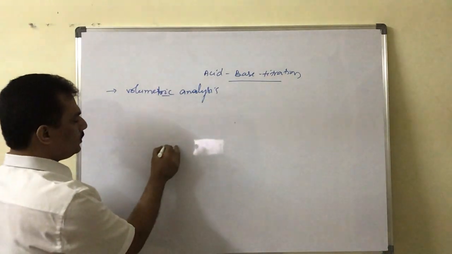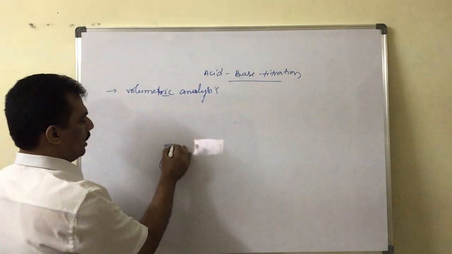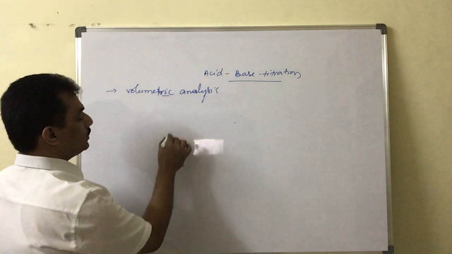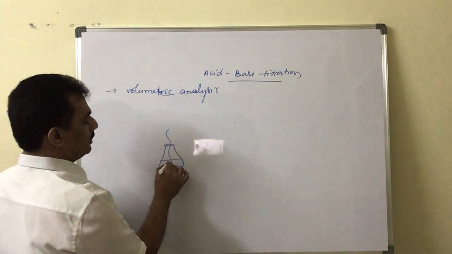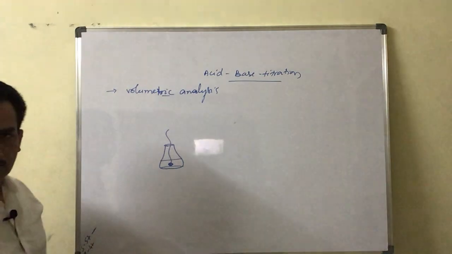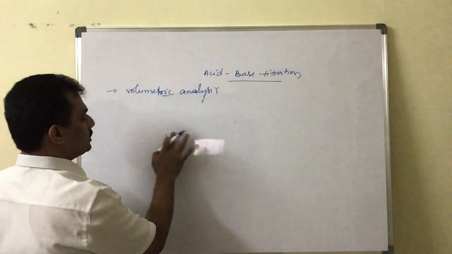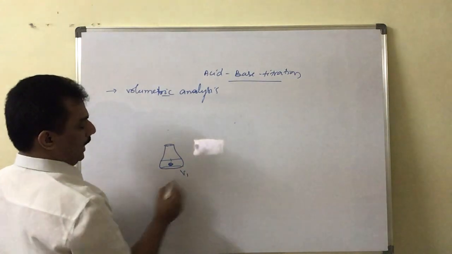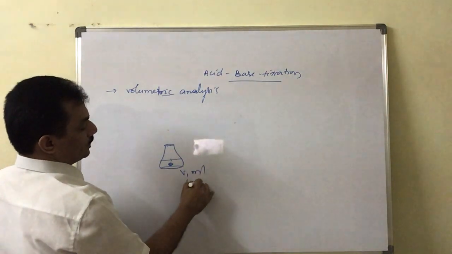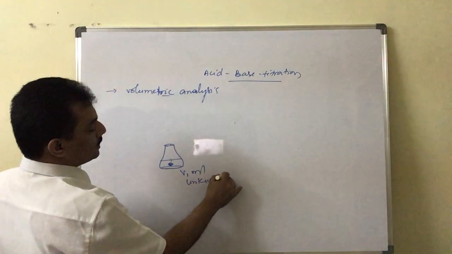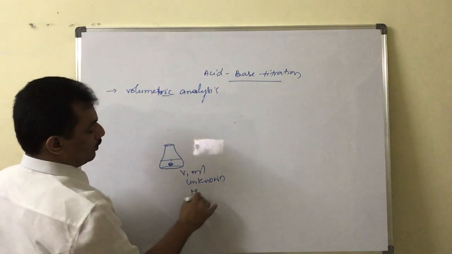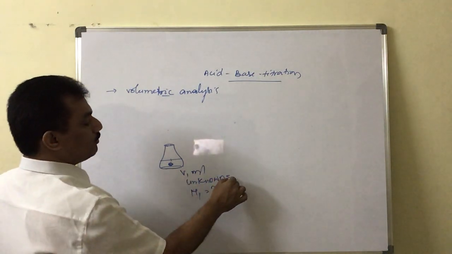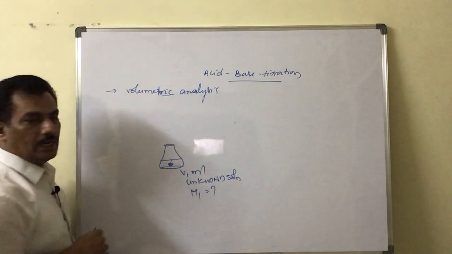Here, if we are taking an unknown solution in a beaker or conical flask, we take 20 ml or V1 ml of unknown solution, and its concentration is M1. We don't know it. To find this unknown solution concentration, we are doing this titration.